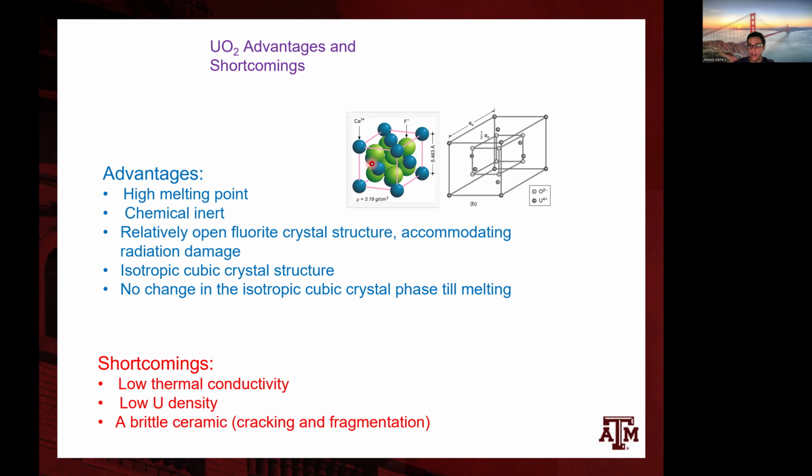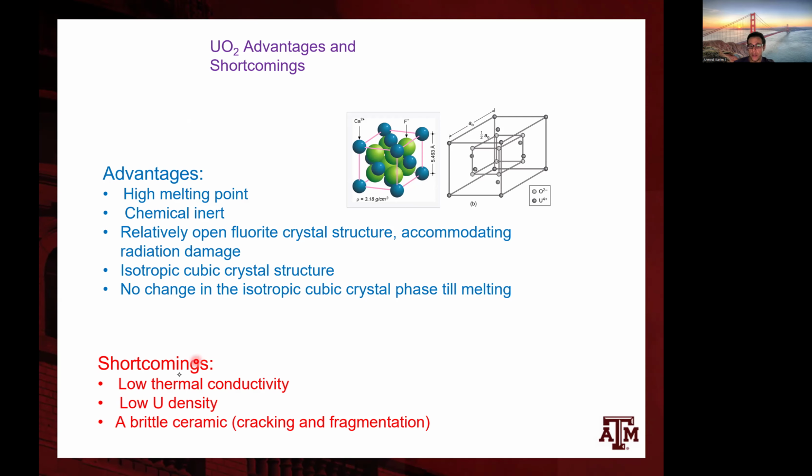And it is also a single phase material. It has this fluorite crystal structure all the way up till melting, so it doesn't change phase like other materials could with temperature. That is also beneficial because there will be no stress generated during those phase transitions that could happen in other materials.